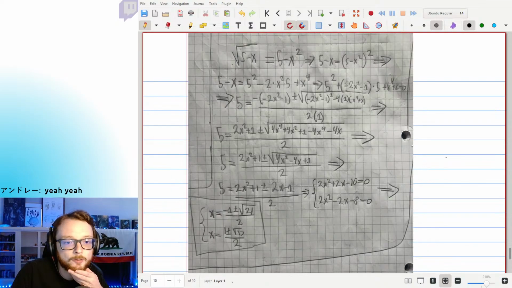Squaring each side. Multiplying it out. What is happening? What? 5 minus x equals 5 squared minus 2 times x squared times 5 plus x to the 4th.